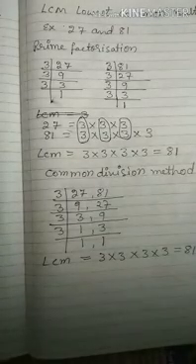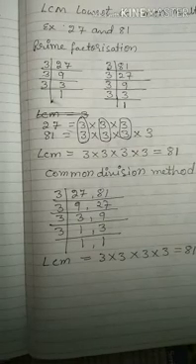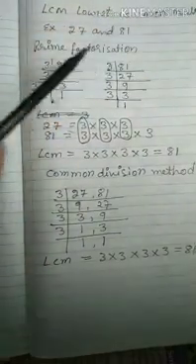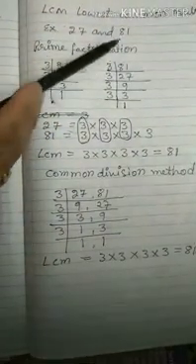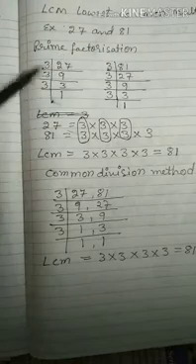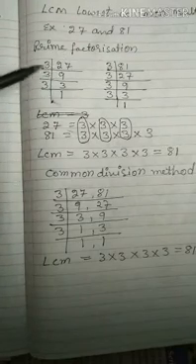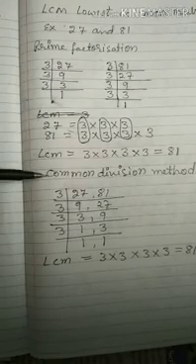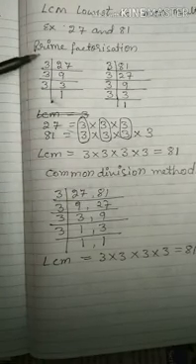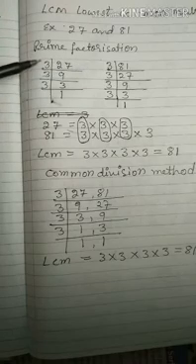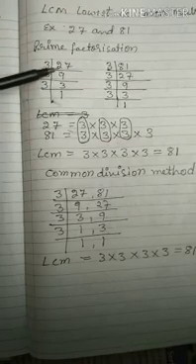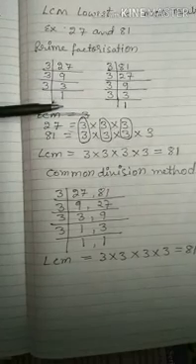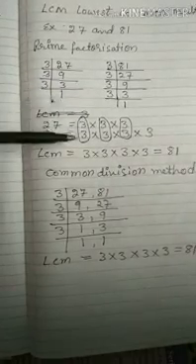Let's continue with LCM. LCM means lowest common multiple. Example: 27 and 81. We can find LCM by two methods: one is prime factorization, then the common division method. First, prime factorization. You have to find the factors of 27 and 81 till the last one.